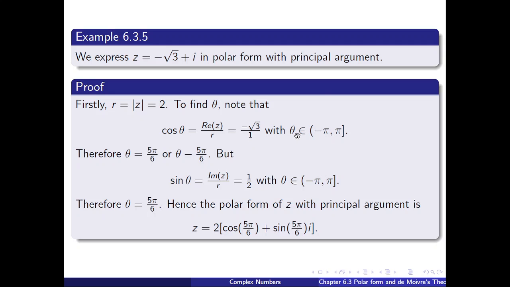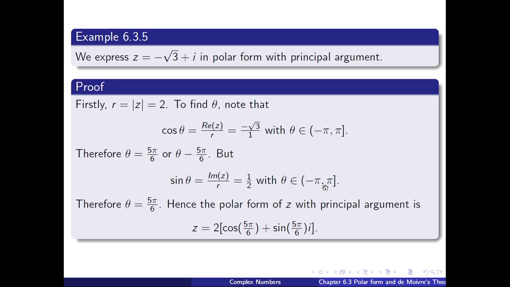And we know that because we want the principal argument, the theta that we are looking for should be between minus pi and pi, and so therefore theta will be equal to 5 pi over 6 or minus 5 pi over 6. But sine theta, the imaginary part of z over r, is equal to half.